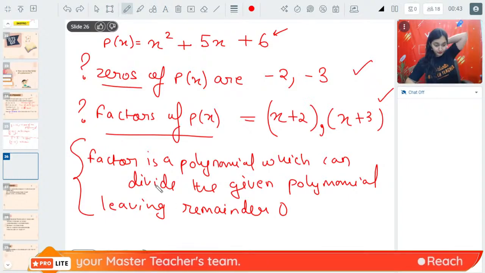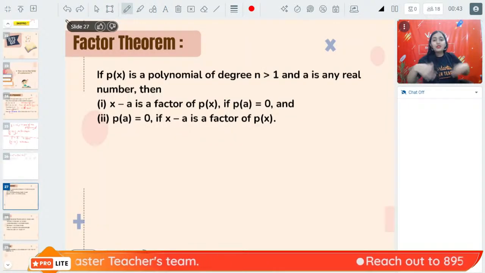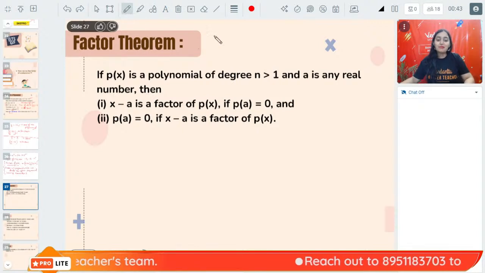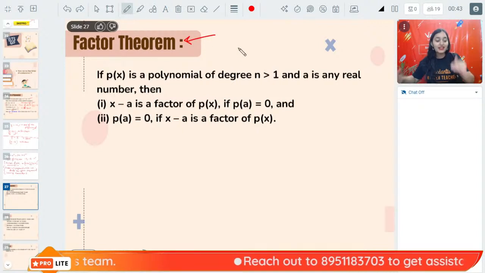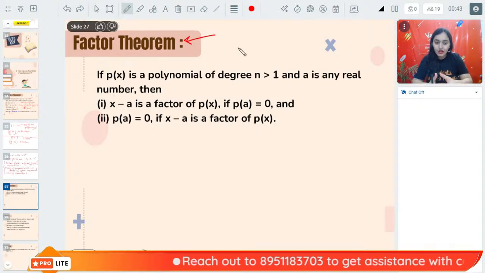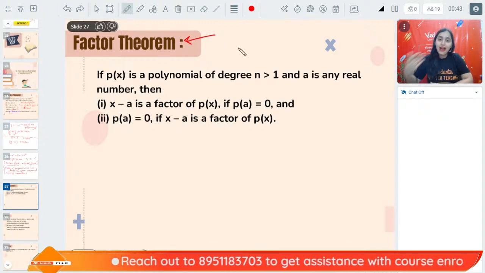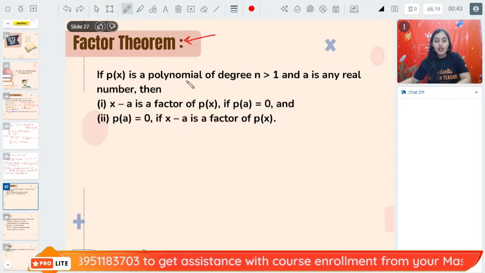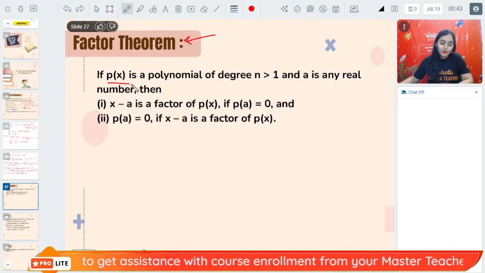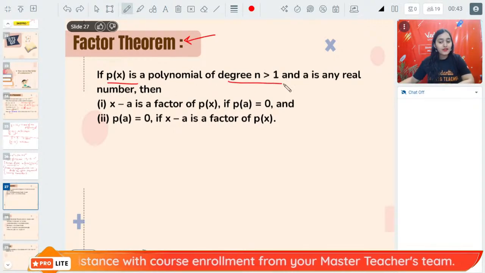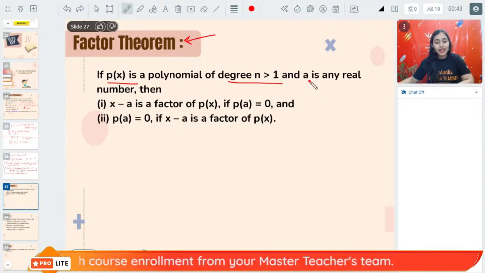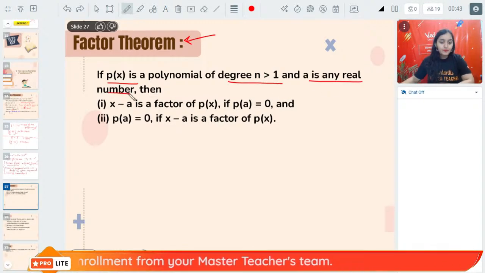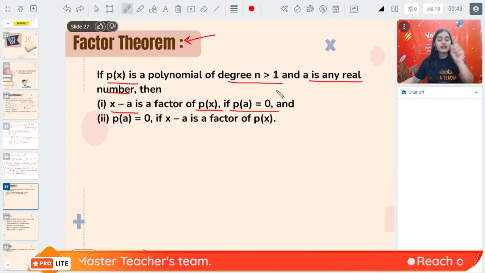Okay? Chal. Now, how to find out a factor is by the factor theorem. Okay, so how to factorize a polynomial, how to find out the factor of a polynomial, is told by the factor theorem. So the factor theorem says that if px is a polynomial of degree greater than 1 and a is any real number, then x minus a is a factor of px if pa is equal to 0.